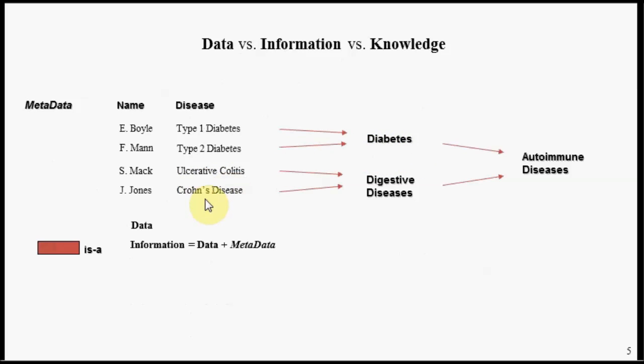Ulcerative colitis and Crohn's disease are specializations of this more general category called digestive diseases. So what do you call this structure, this knowledge overlay? I call it meta-information. And so my definition of knowledge is information plus meta-information.